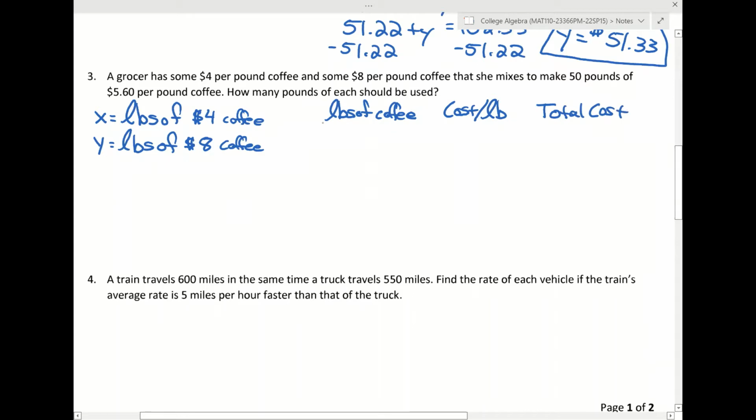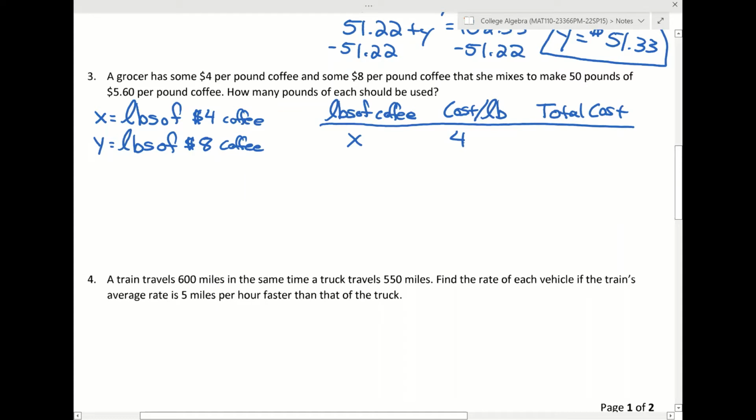So let's just make sure that this makes sense, because if we know that we have 2 pounds of coffee and it's $2 per pound, the total cost would be $4 for that coffee. So just to get this set up, for X, that's the number of pounds of $4 per pound coffee.